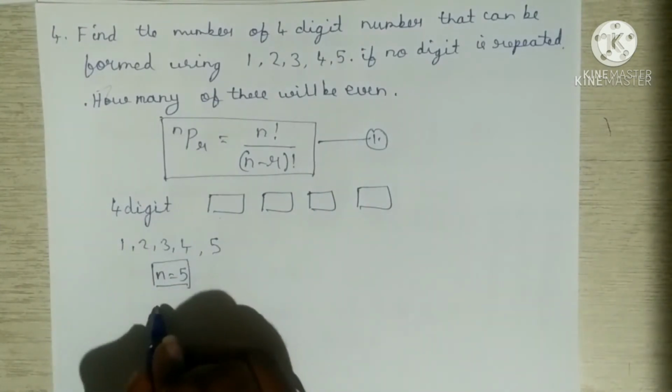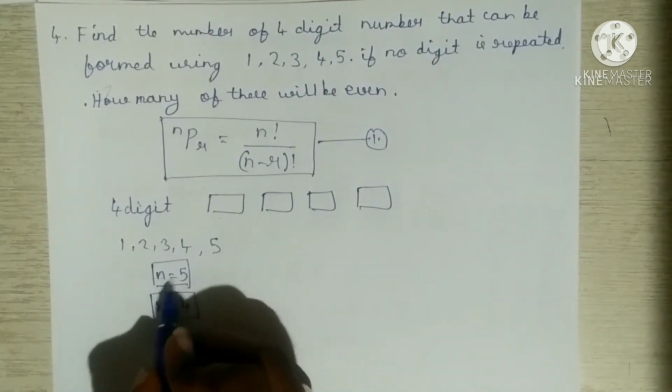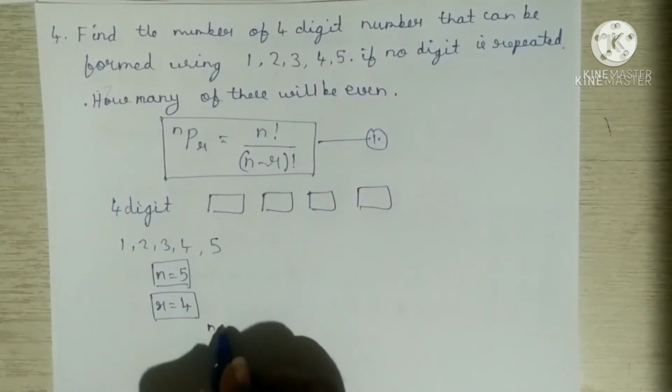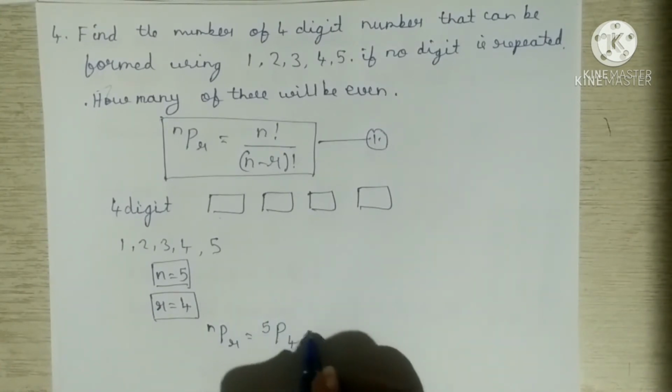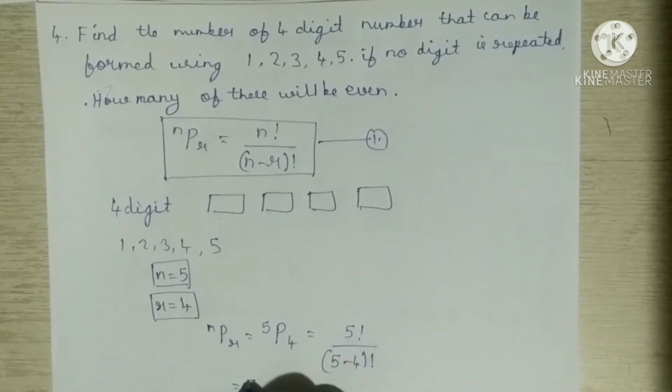We need to find 4 digits, so r is equal to 4. Substitute n is equal to 5, r is equal to 4 in this equation.